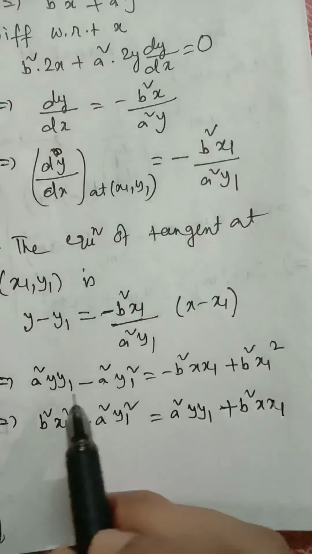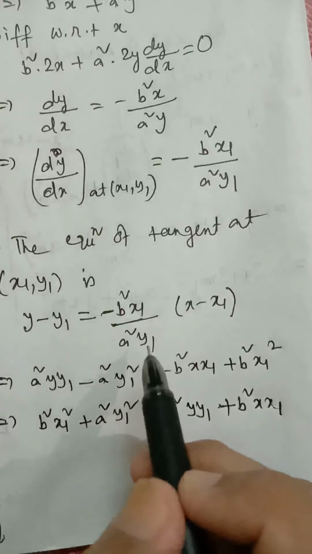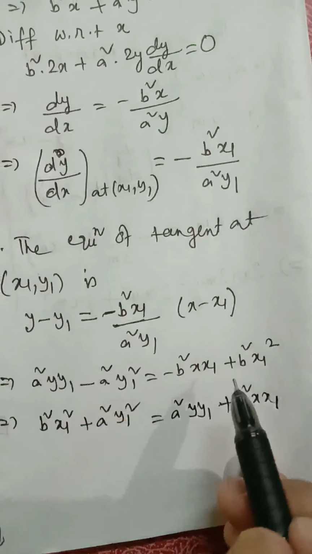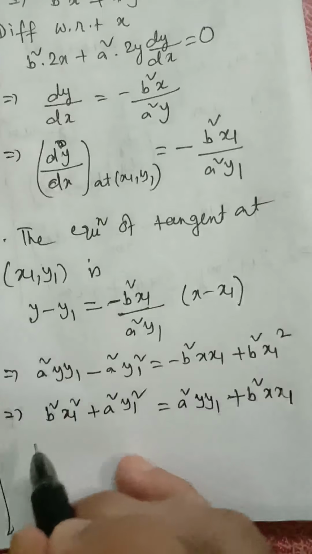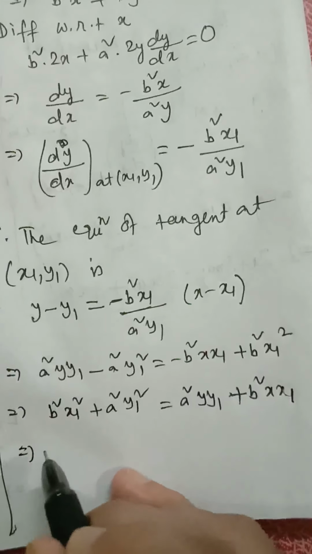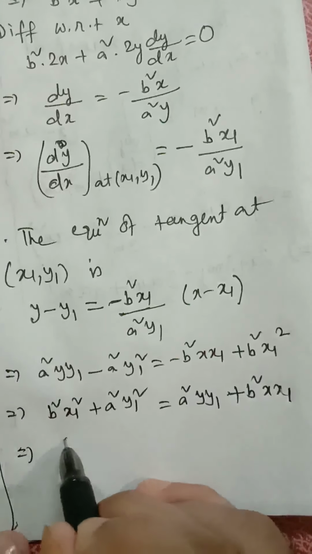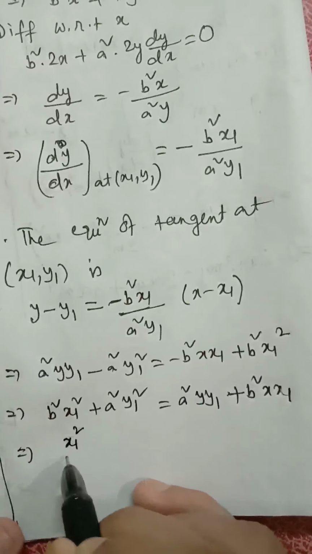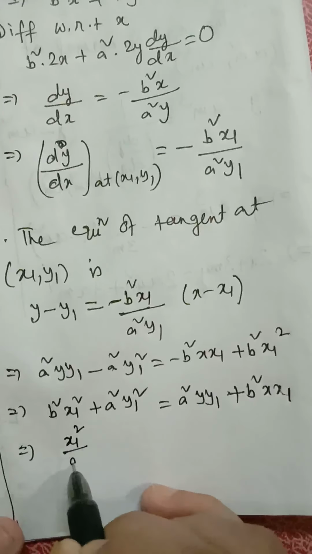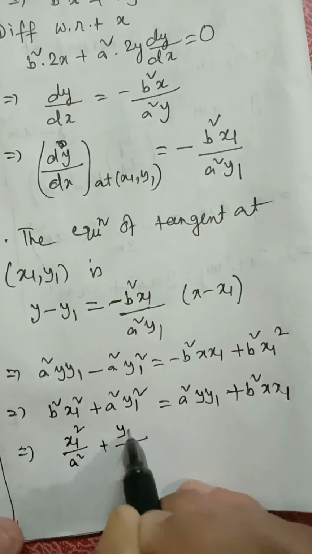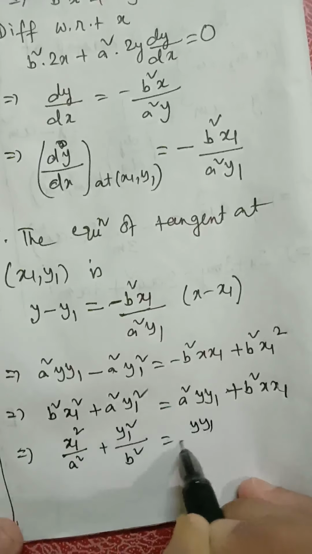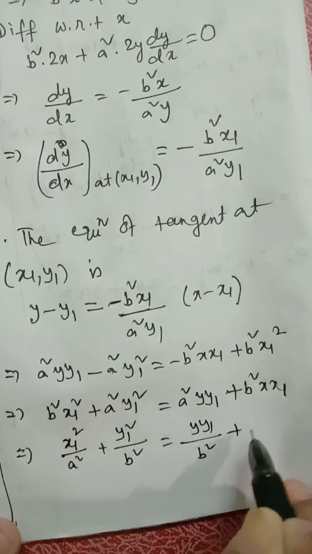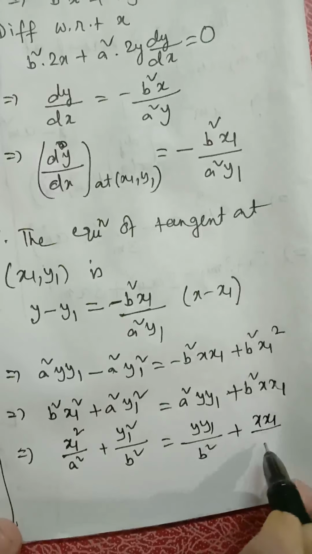And after cross multiplying and simplification, the equation of tangent becomes this. Now dividing both the sides by a square b square, the left hand side will be x1 square by a square plus y1 square by b square equal to y y1 by b square plus x x1 by a square.